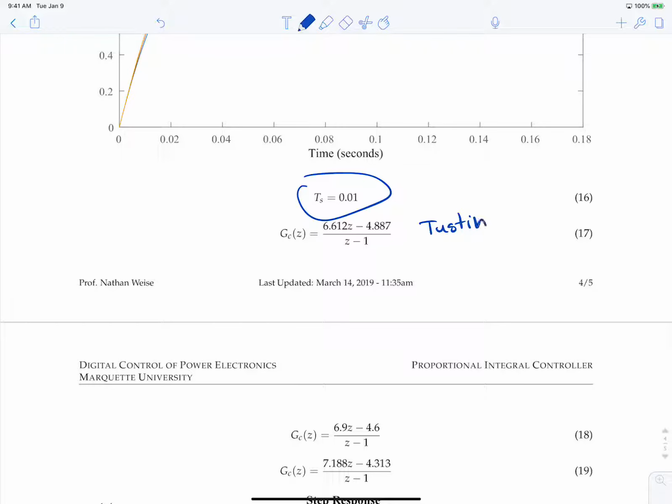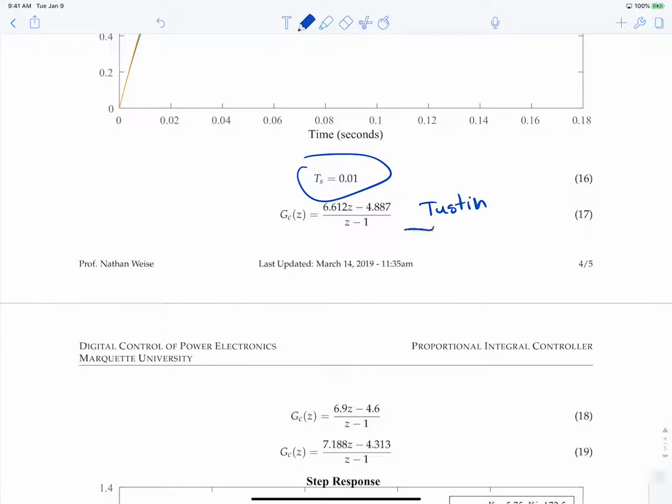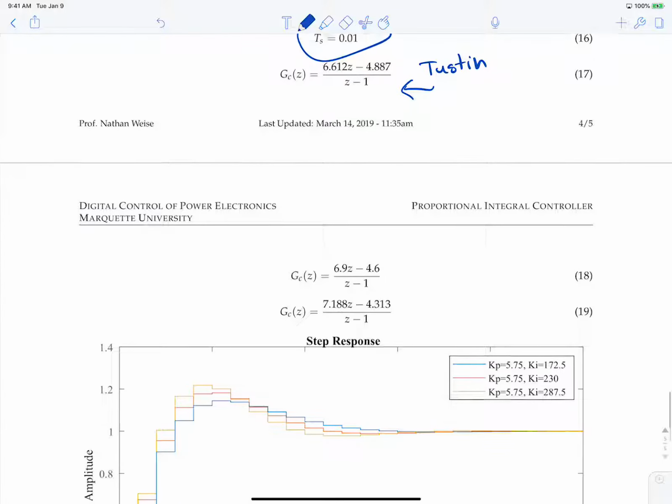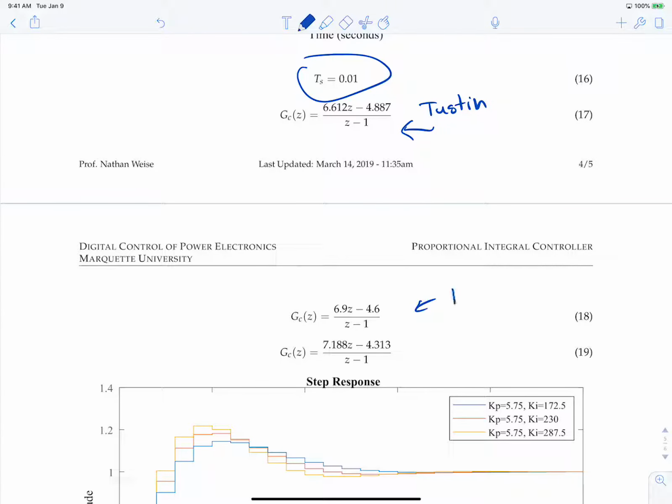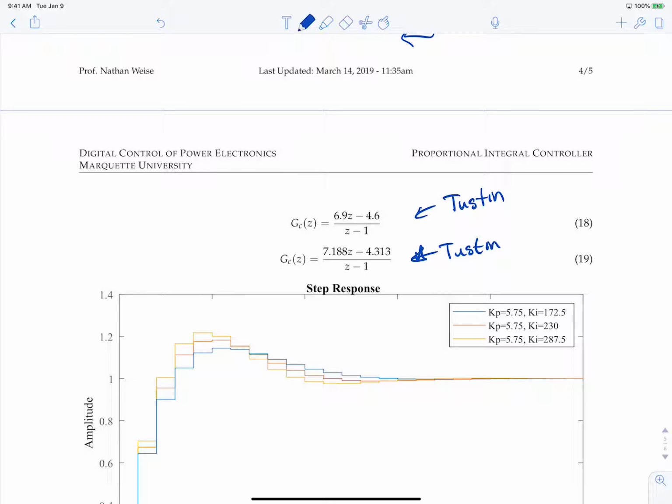So I took GC, I plugged in S equals a Tustin approximation, and I'll have 3 controllers because I had 3 different Ki, Kp values. And these are the 3. So 17, 18, and 19. Those equations are the 3 different controllers using the Tustin approximation, and they're put into the Z domain.